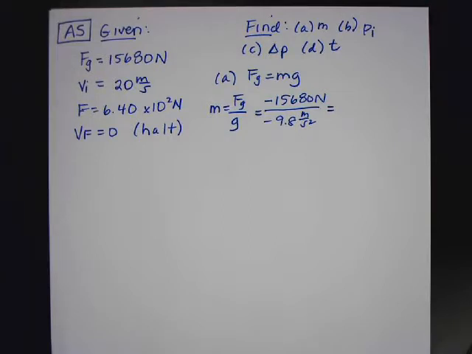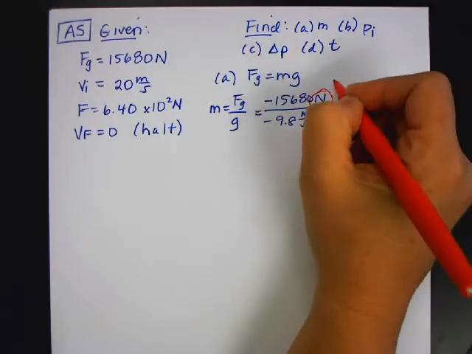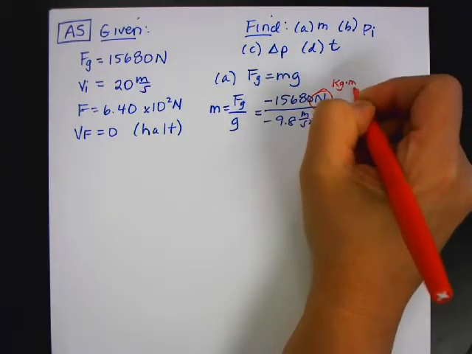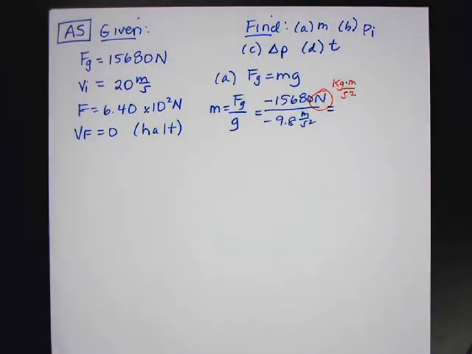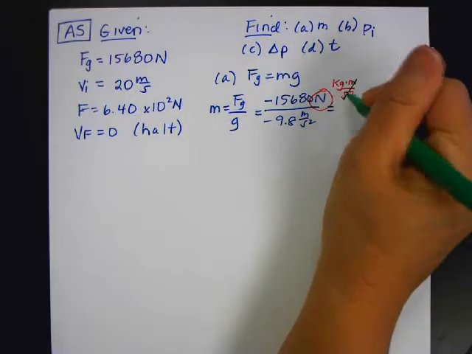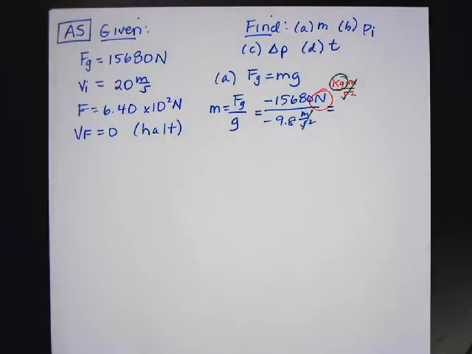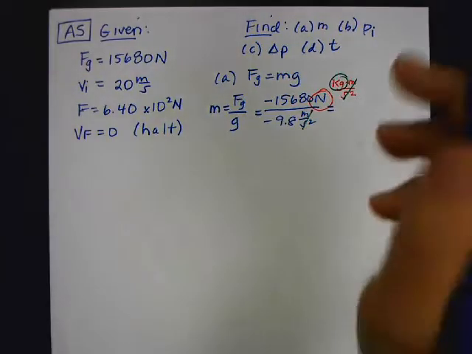All right, now before I put my numerical answers, remember in physics, you have a foolproof way to check your work every time. If you carry your units and cancel, it checks your work. So a Newton is actually a kilogram meter per second squared. So this meter per second squared cancels this meter per second squared, and I end up with kilograms, which is the correct unit for mass.